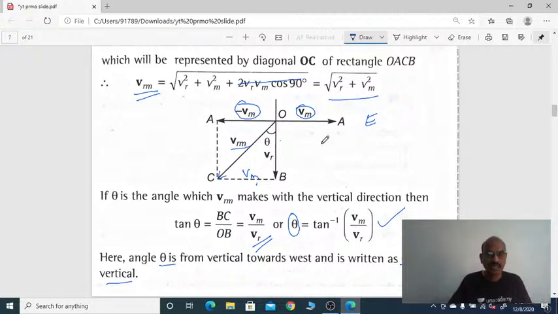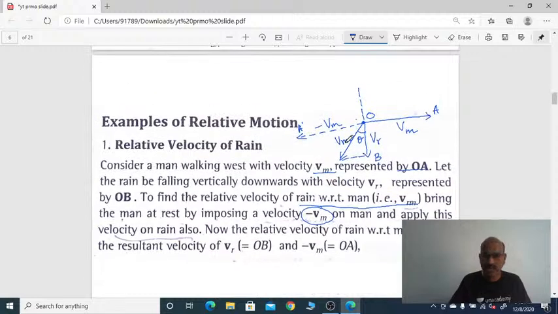This is the concept of relative velocity of rain. If the man walks towards east with velocity Vm and the rain is falling vertically, perpendicularly down, then for the resultant velocity we need to draw the negative vector of OA in the opposite direction.